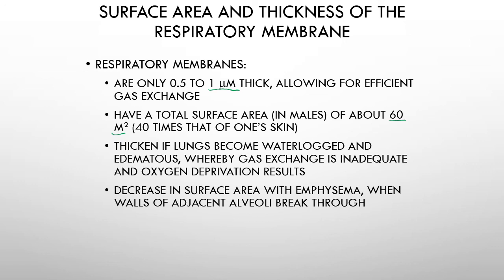If we have a situation where more fluid is coming into the lungs, and so we've got more mucus buildup inside the lungs, or actual fluid buildup from things like infection, so things like pneumonia, CHF, emphysema decreases the surface area that's there. Infection causes more mucus to be developed.